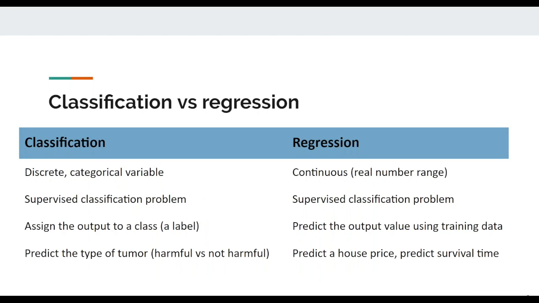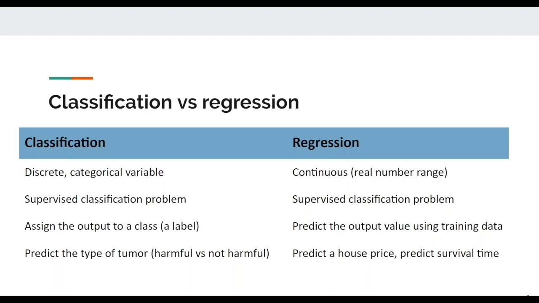The final point is mostly in terms of views. In classification, you try to predict a type, because a type can be connected to a label. You have type 1 or type 2, harmful versus not harmful, for example. In regression, you try to actually predict a value, which is a real number. In a wider context, it could be to predict the house price.